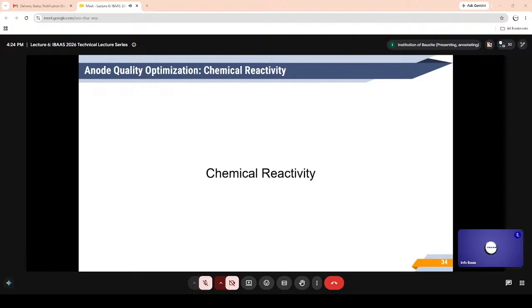The excess consumption results from secondary reactions between carbon and carbon dioxide, air burning, and erosion of particles from the anode bottom. Lower anode reactivity suppresses these secondary reactions and reduces carbon consumption.